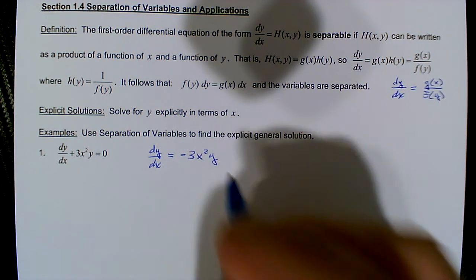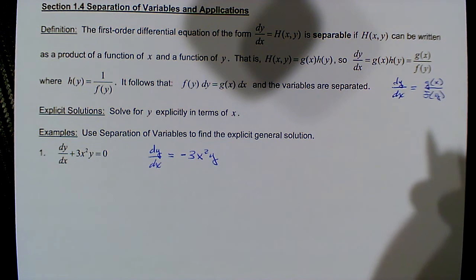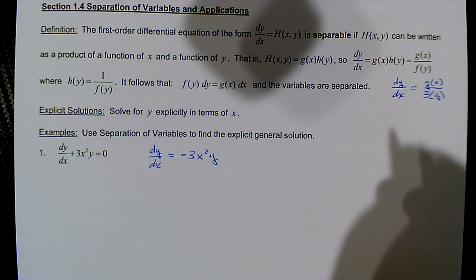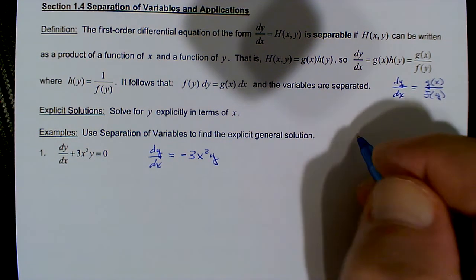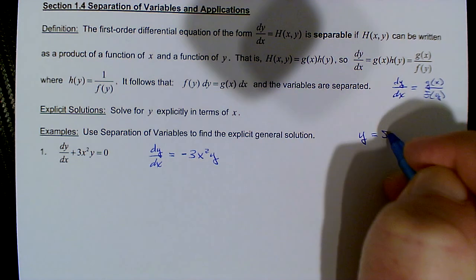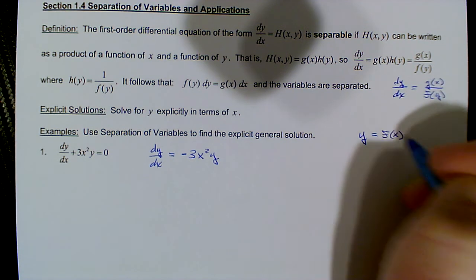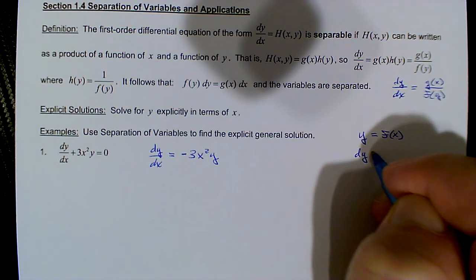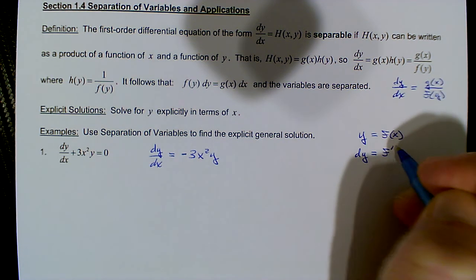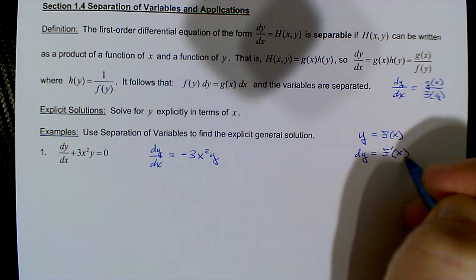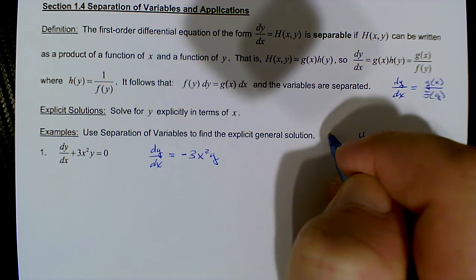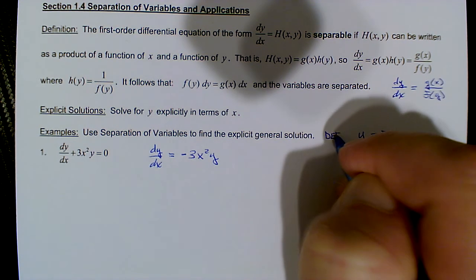Now, it's actually a definition of differential form that if y equals f of x, the differential dy is f prime of x times the differential dx. This is literally a definition for differential form.